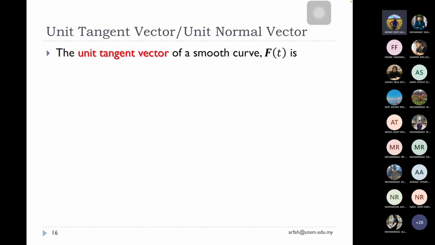So the unit tangent vector of a smooth curve f(t) is given by T equal to f prime t over the Euclidean length of f prime t. So meaning that you have vector f of t, then dapatkan dia punya derivative akan dapat f prime t.